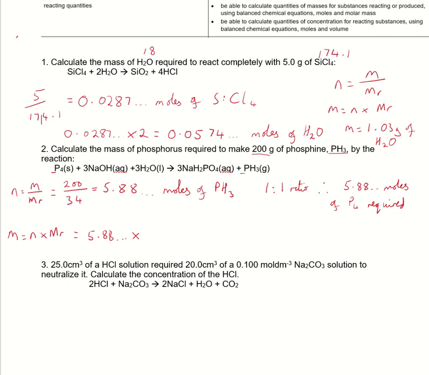So 31 times 4 gives us 124 for the Mr. And that equals 729 grams, just to round it off. So fairly big mass required for that.